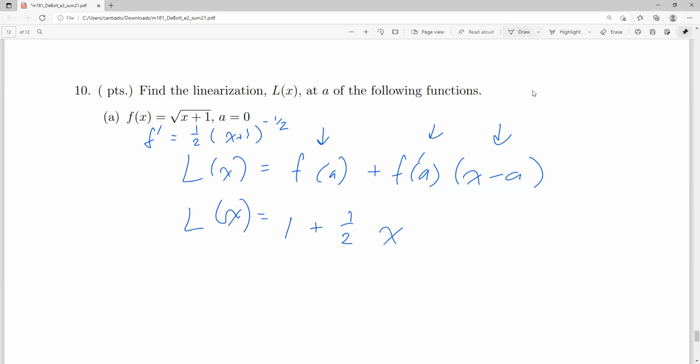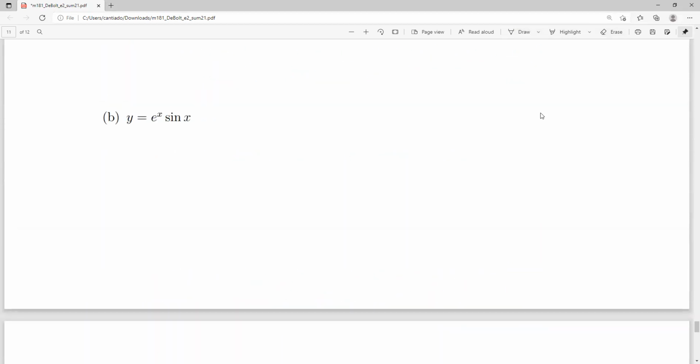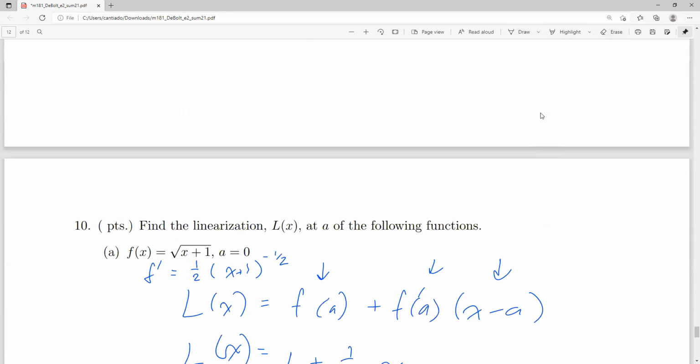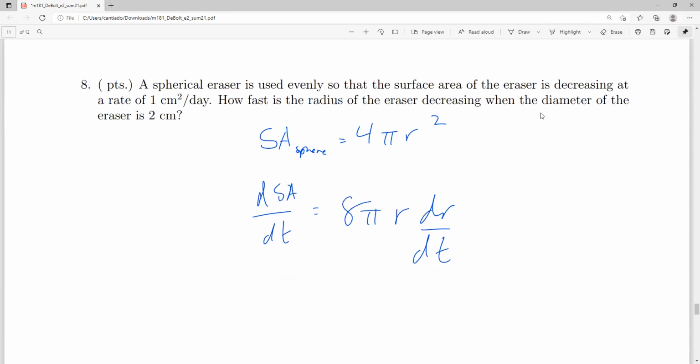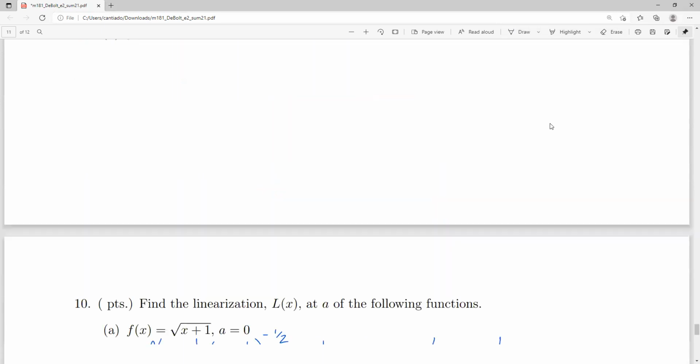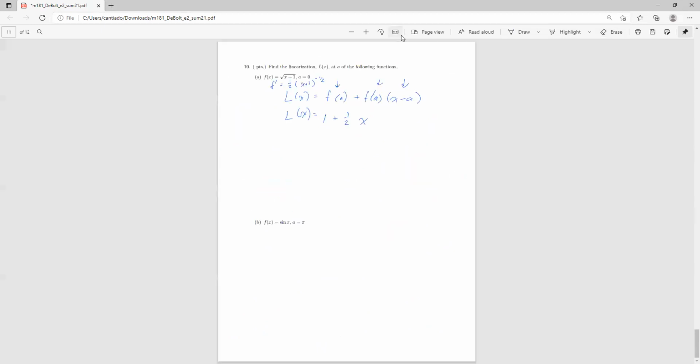But yeah, I ran out of time, so there was quite a bit of derivatives in the beginning. If you're pretty comfortable with derivatives, I'd focus on these word problems, because some of them, like that first one I did, you might forget some things like I did. But anyways, general tips for you guys.